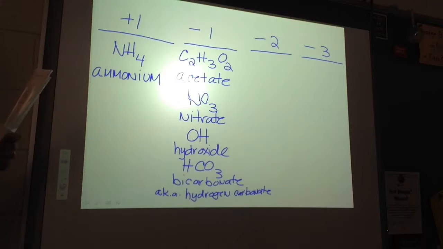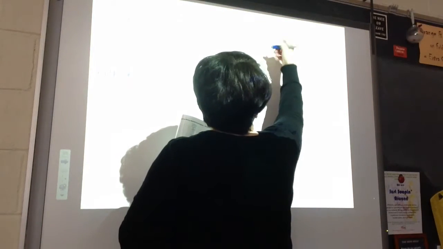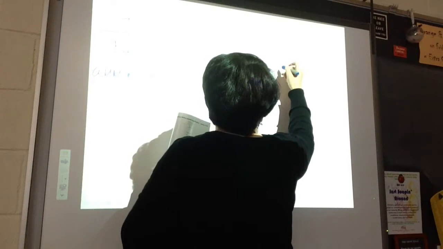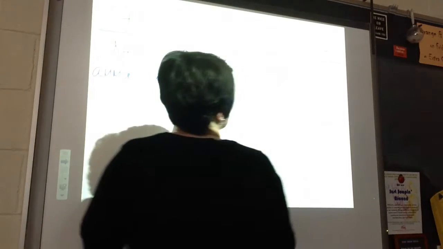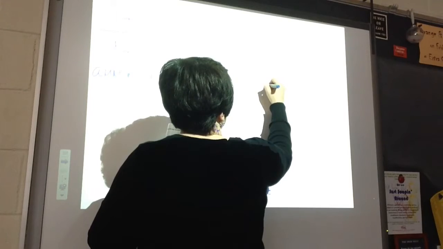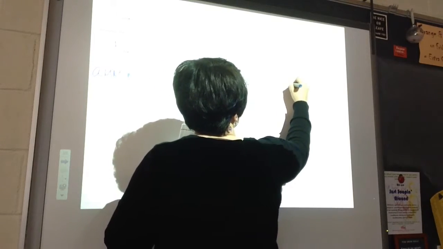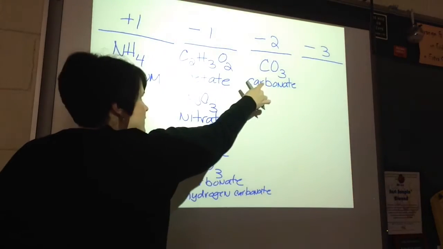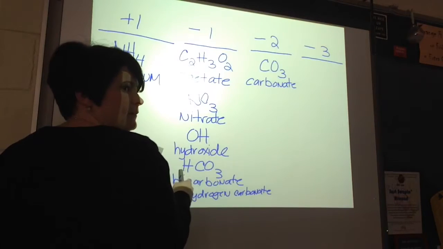Did I say we had 9 of these? Yes. We have 8. Alright. Our first polyatomic anion with a -2 charge is CO3, which is carbonate, which is not the same thing as hydrogen carbonate. It's not.